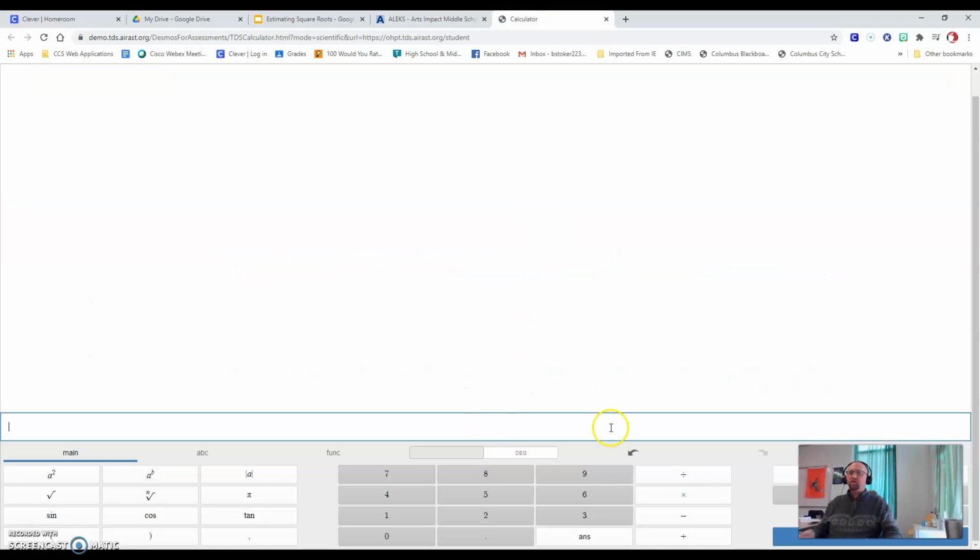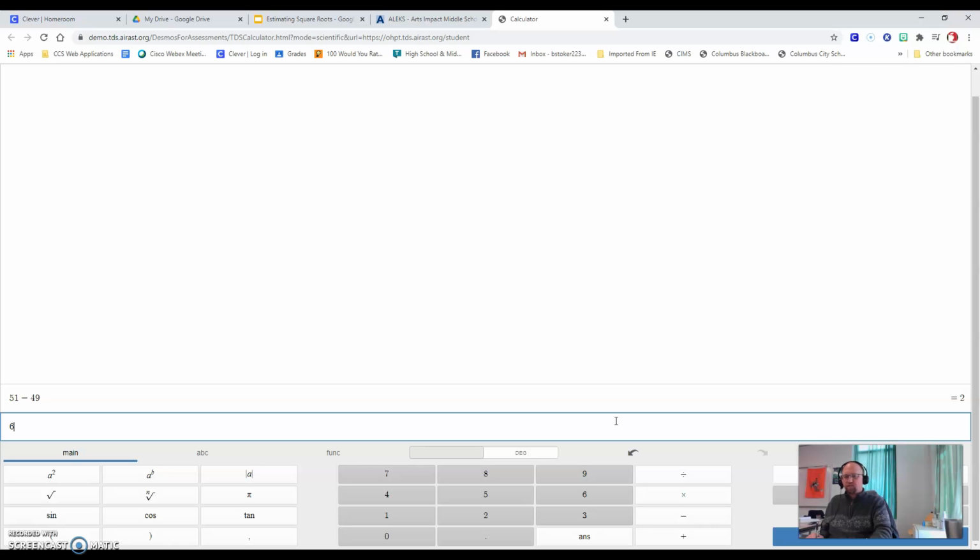Now, when you go to start testing these intervals, you could start at 7 and then go to 7.1 and 7.2. But there are some ways to help yourself out. One would be this: we've got 51, and we subtract 49, and that's a difference of 2.